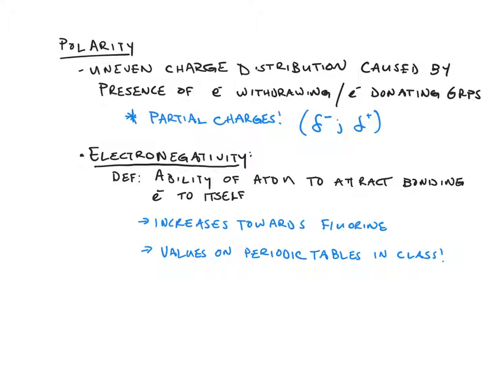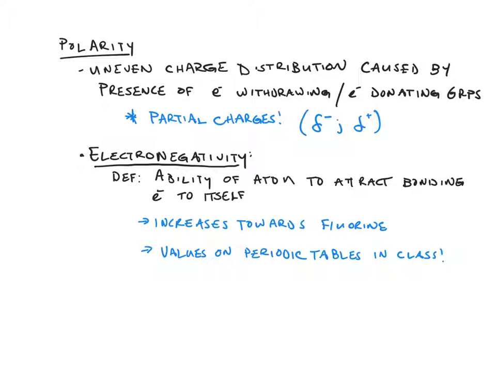And so when we think about the polarity of a bonded molecule, we're looking at uneven charge distribution that's caused by the presence of what are called electron withdrawing or electron donating groups. This polarity creates partial charges, right? Partial regions of the molecule that are partially positive, partially negative. We're not adding or gaining electrons here. We're just changing the way that those electrons are distributed between bonds, within bonds, right?